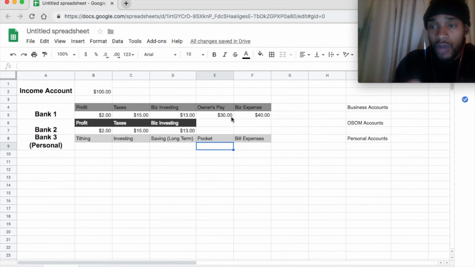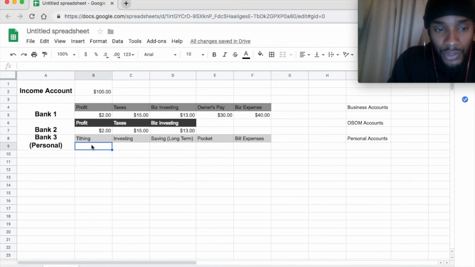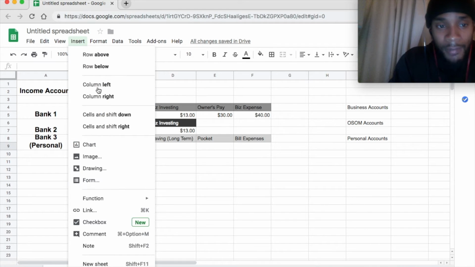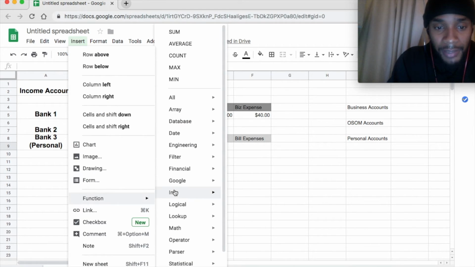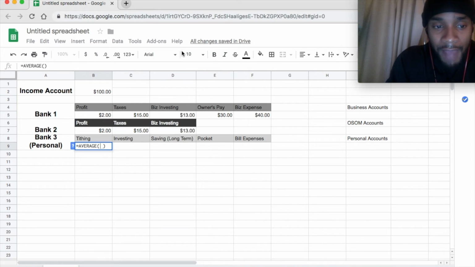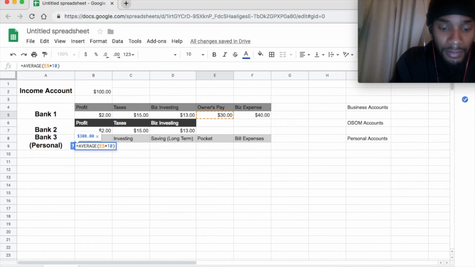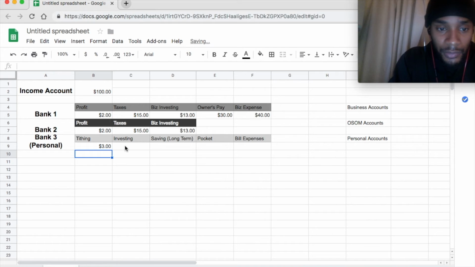Now this is where the Robert Kiyosaki method comes in: paying yourself first when your business actually pays you. So for starters, you take off 30%. So you'll get 10%. Now again, we're going back into the function to place that in place, and we'll get the average. So you get this times 10%, boom, $3.